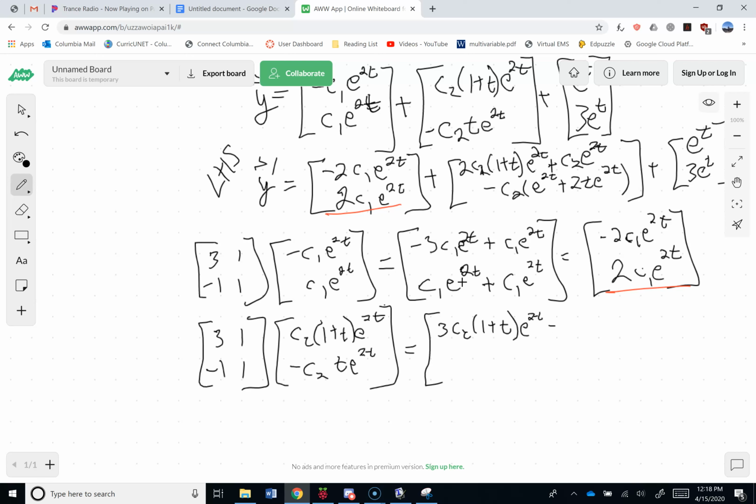Oops, not plus, but minus c2 t e to the 2t. And on the bottom, I'm going to have a minus c2 times 1 plus t e to the 2t, minus c2t e to the 2t.